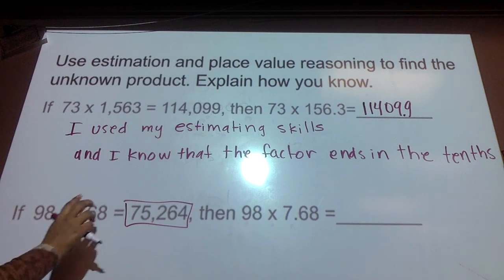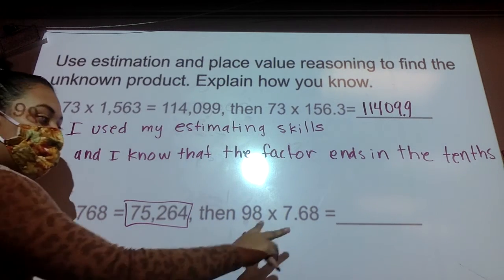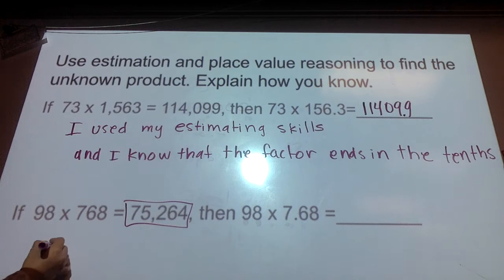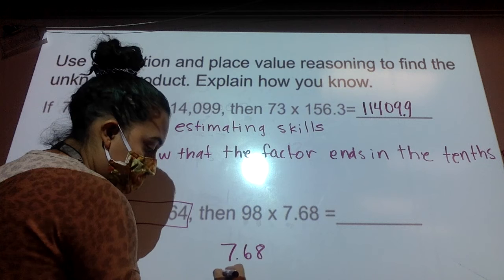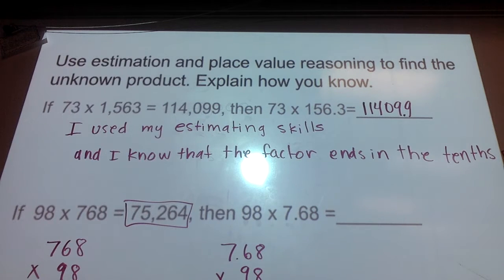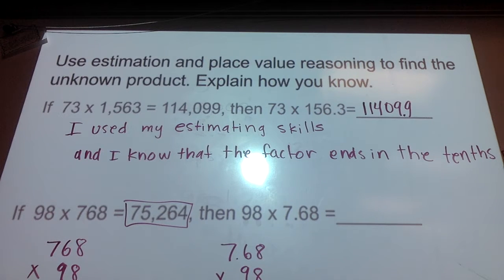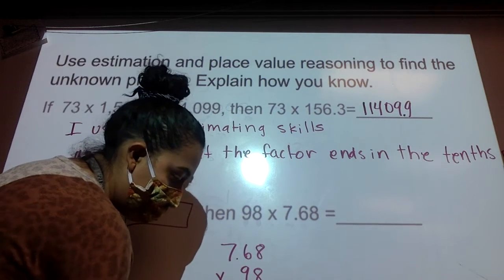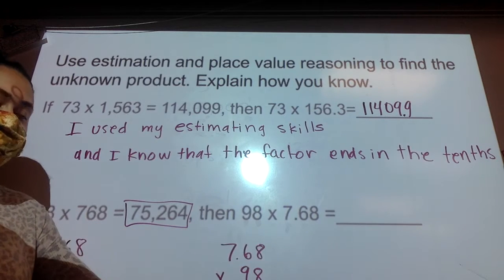They have all the same digits, right? 98, 98. 768, 7 and 68. So if we were to set these up, they would have the same digits being multiplied. It'd be all the same steps to multiply all the same digits. The only thing that's different is that in the bottom, when you get your answer, you have to plug in your decimal for this second problem.